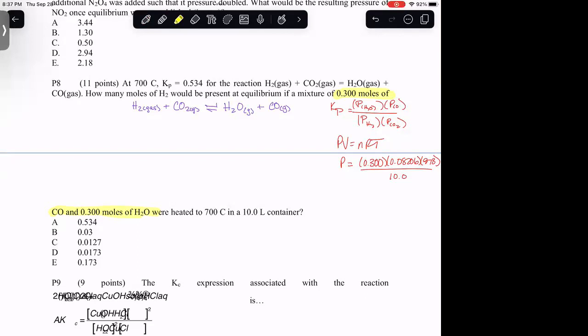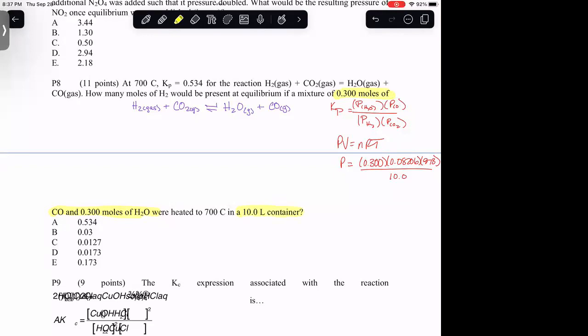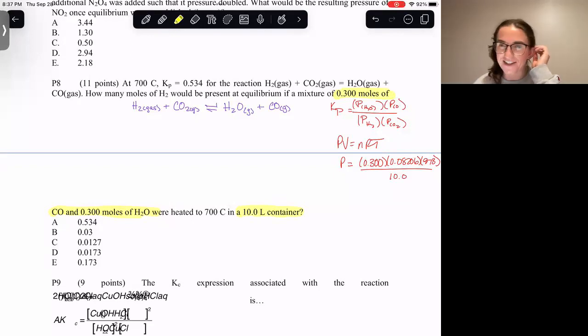Okay, so that one would be given, and then the 0.08206 is a constant, and then what is on the bottom? Where did you get the 10? The 10 is also from the 10-liter container. Oh, okay, I didn't see it on the second page. Yep, sorry, this one breaks.